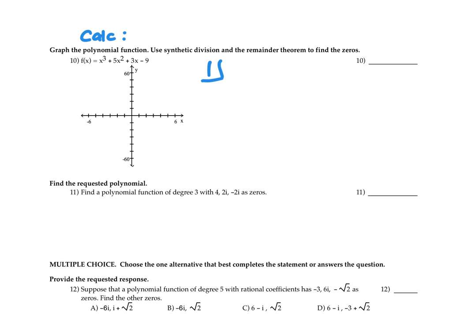I'll talk about why I'm going to do that in just a second. I get x equals 1 from my calculator. I can tell that it crosses the x-axis at 1. Either you could just go to your graph, or you could go to your table, and it has a y value of 0. So either way, I'm going to put 1 into synthetic division.